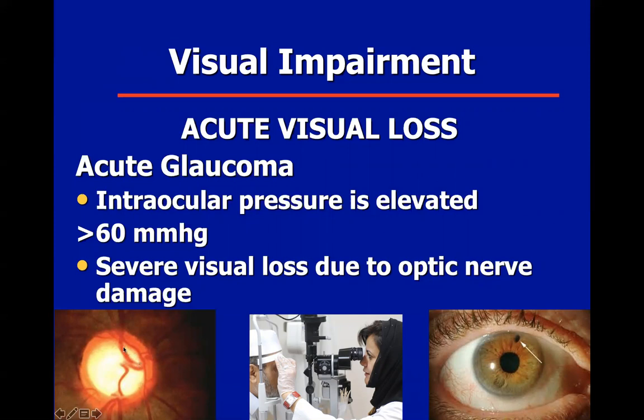I showed you before the nice optic disc. This is a very large optic cup, I would go to 0.8 to 0.9. What we're saying is, when you compare the optic cup to the optic disc, the optic cup takes a large amount.